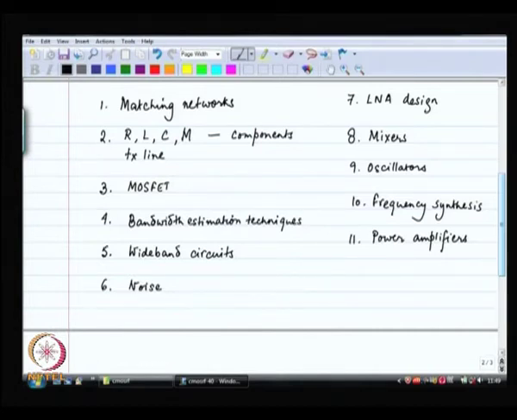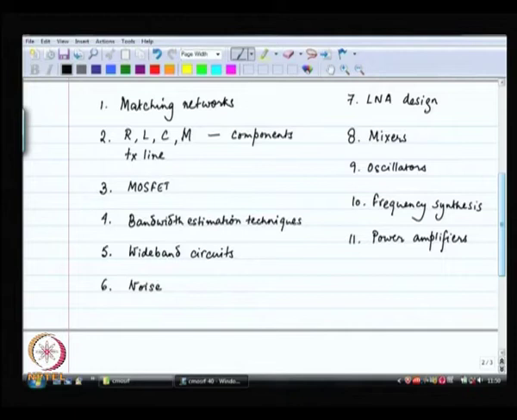Then we worked on techniques to make wideband circuits. After that, we worked on noise. Then we worked on designing a low noise amplifier. Then we worked on mixers. Along with mixers, we also discussed some architectures, modern radio architectures, heterodyne, super heterodyne, homodyne and so on.